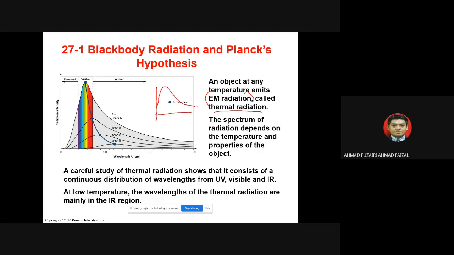In the plot of the graph, it should be like this. The spectrum of radiation depends on the temperature, here from 5,000, 4,000, 3,000, and 2,000 Kelvin.